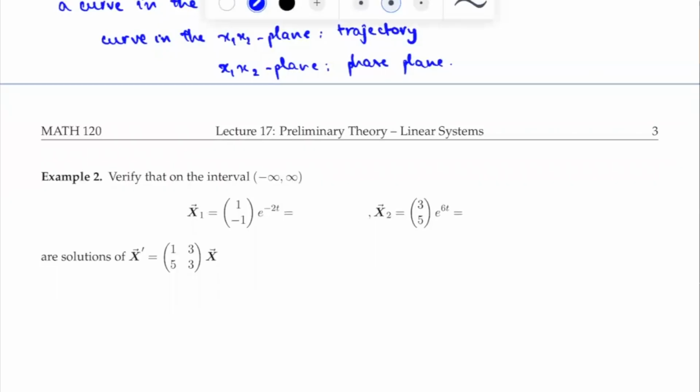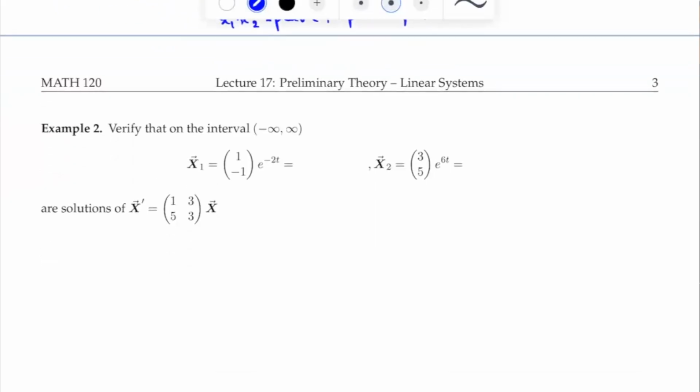In this example, I want to verify that the two solutions given here are in fact solutions to the system of differential equations, capital X prime equal to the matrix 1, 3, 5, 3 times capital X. Before doing that, I'm going to rewrite x1. You have the coefficient vector multiplied with the function e to the negative 2t, so this is e to the negative 2t, negative e to the negative 2t.